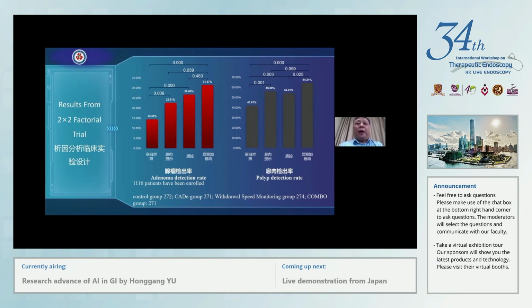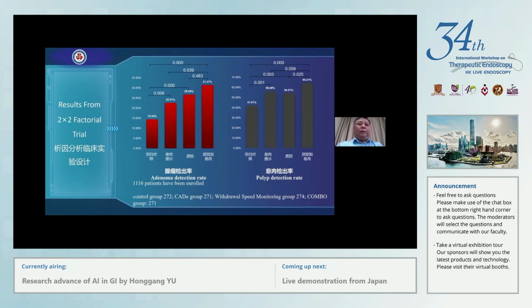But if we combine quality control and polyp detection, these two functions, we can even double the ADR compared to the control, to 31%. That's a really wonderful result.